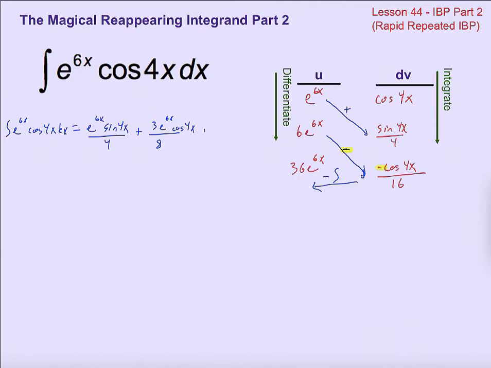Plus the integral of my v du here, that's this last product, that's the last integral. So I will reduce that 36 over 16 to be 9 over 4, e to the 6x cosine of 4x.